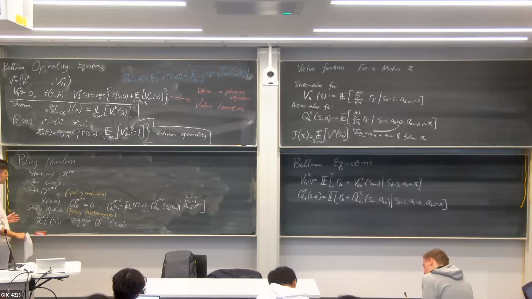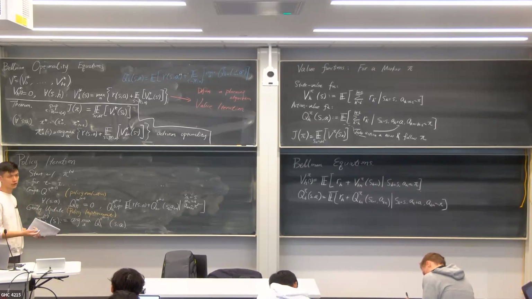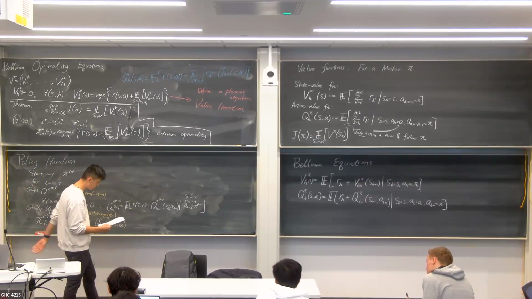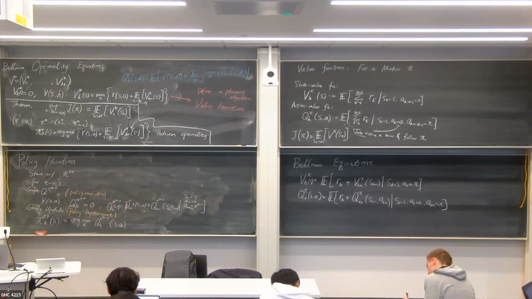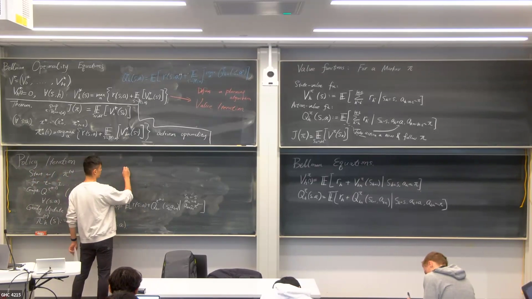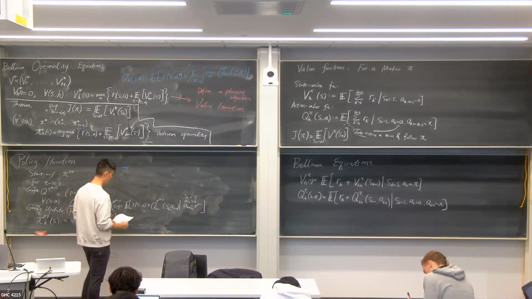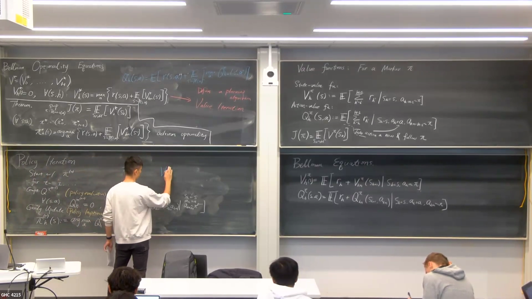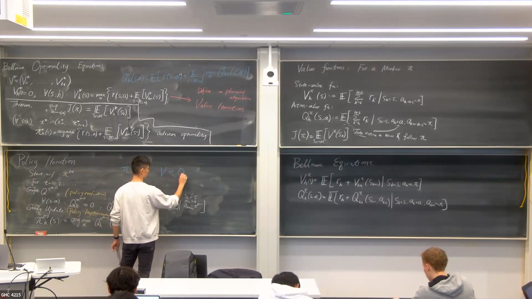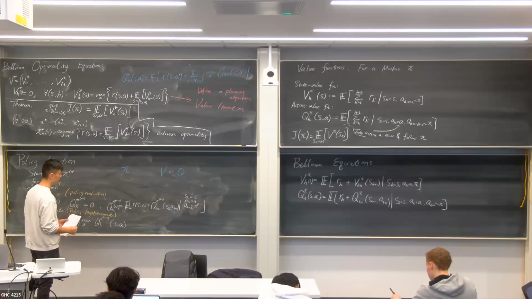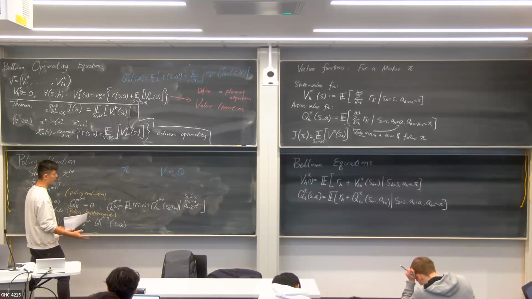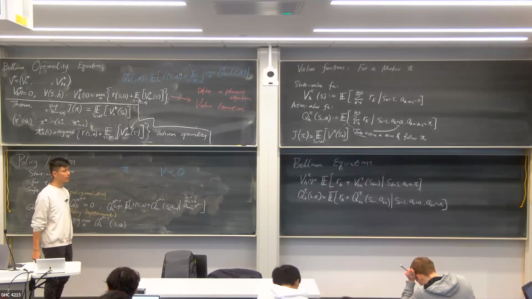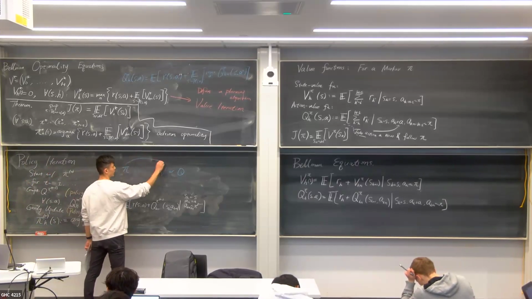There are a lot of notations here. Here's a picture that describes this idea. I'm maintaining some policy and trying to improve it over time. What I'm going to do is alternate between two processes. I will take the current policy, let's say pi t minus 1, and I want to understand how good it is.